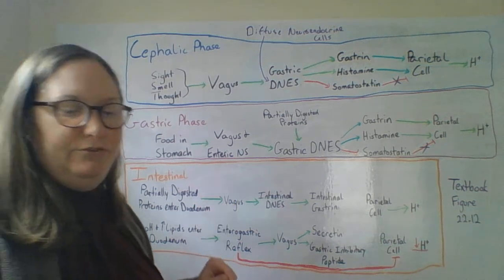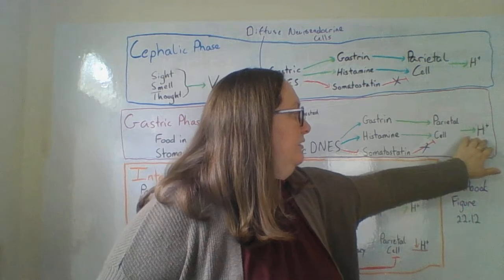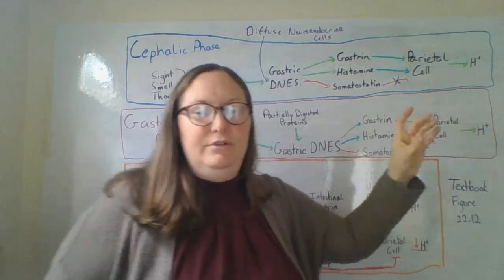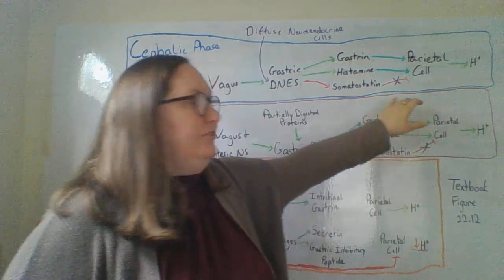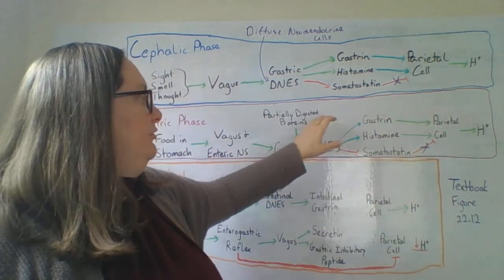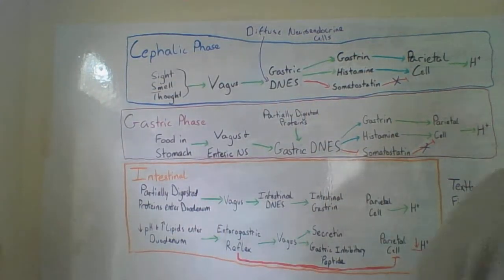But here's what's interesting. Hydrogen ion, right? You're going to have more pepsin. Hydrogen ion means more pepsin digesting proteins, which means more partially digested proteins. So let's write this out.